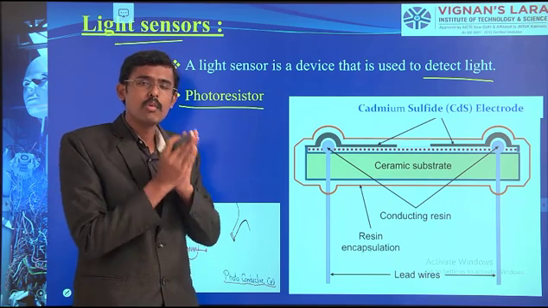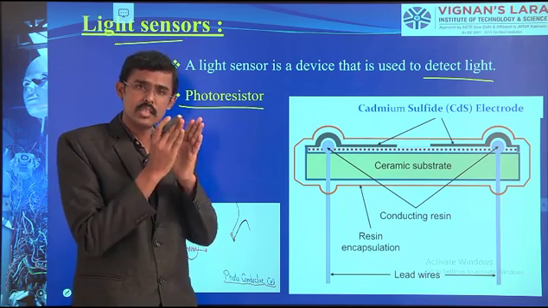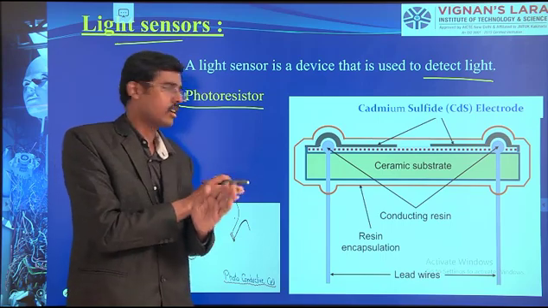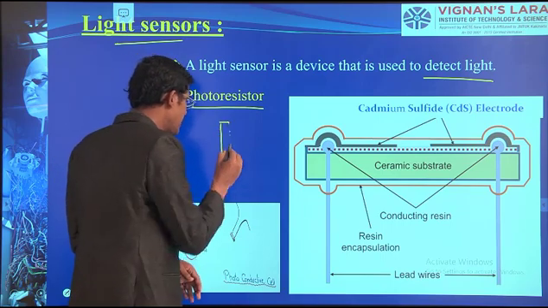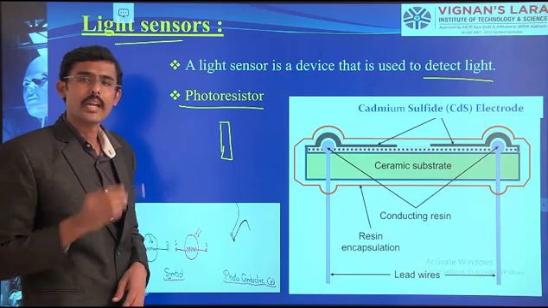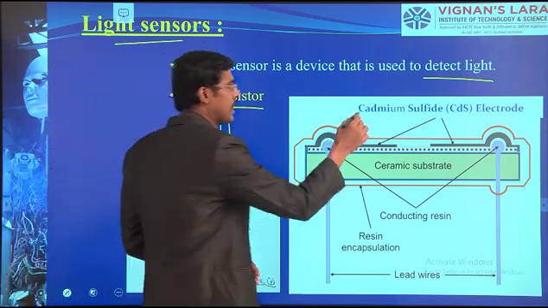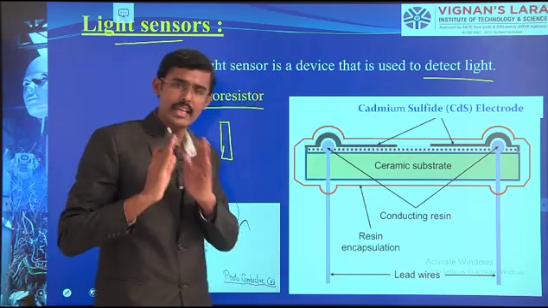Initially, it will be like an insulator, which does not permit the flow of electrons. We have taken one electrode of cadmium sulfide. Let us consider it.